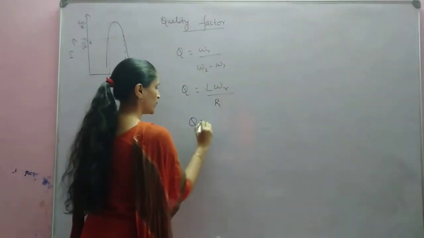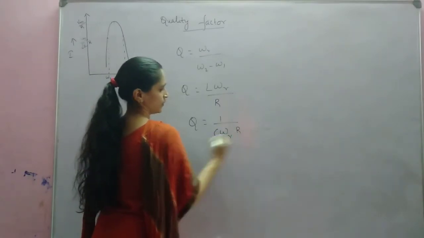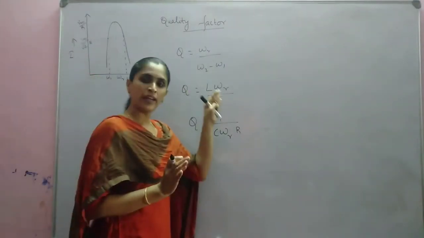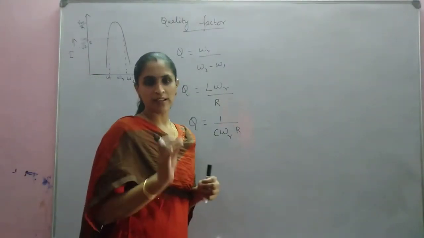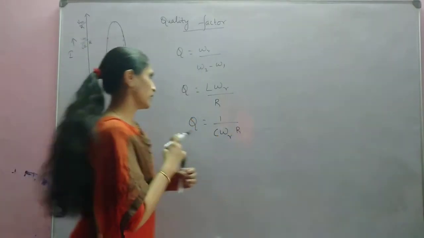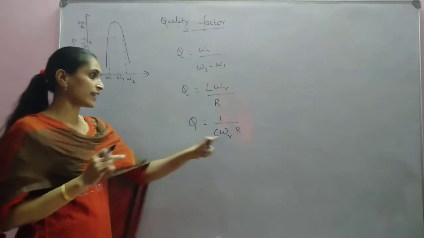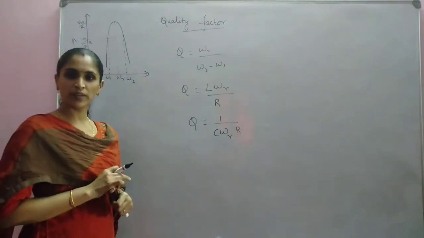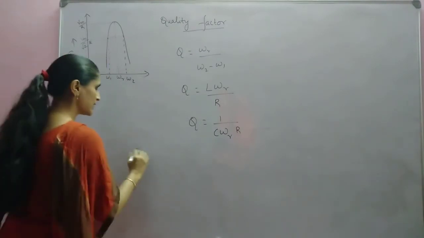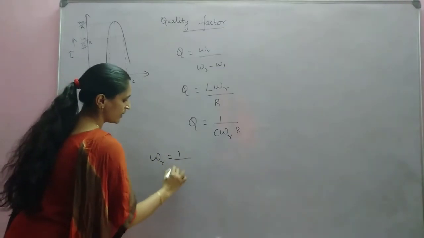Both are the same, because at resonance L omega r is equal to 1 by C omega r, or we can say that XL is equal to XC. Okay. So this is the expression for quality factor. And if we want, we can represent it in terms of angular frequency. Angular frequency can be replaced. How? Already we discussed, angular frequency is equal to 1 by root LC.